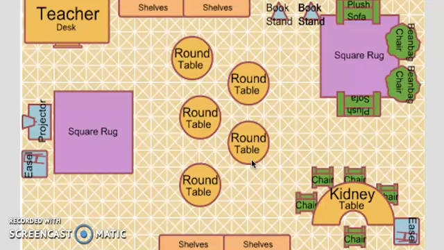I do have a couple regular chairs for the students that prefer that, but most of them are what I would consider flexible seating. In the back of the classroom, I exercise that flexible seating as well. So in the reading corner back here, I have 2 sofas and 2 beanbag chairs.